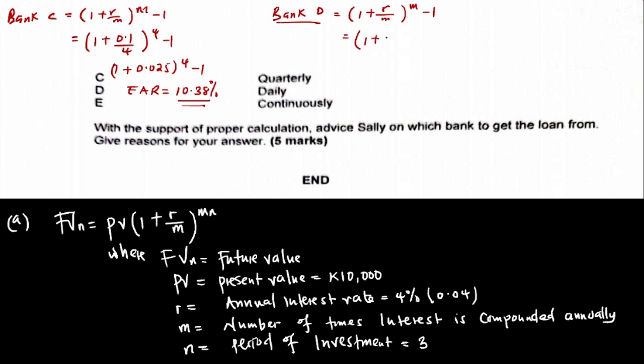So 1 plus 0.1 divided by 365, to the power 365, minus 1. If you divide 0.1 by 365, then plus 1, then to the power of 365, then minus 1, then multiply by 100, you are going to have something like 10.52%.